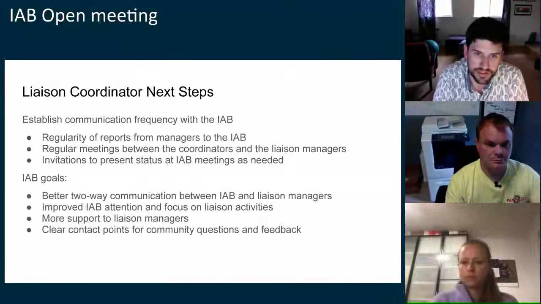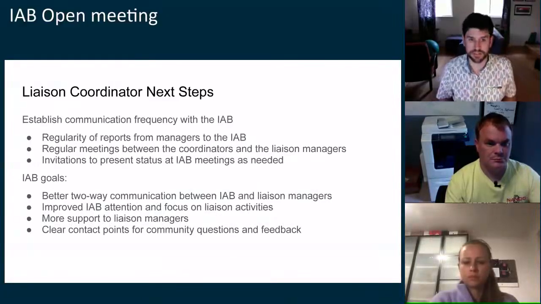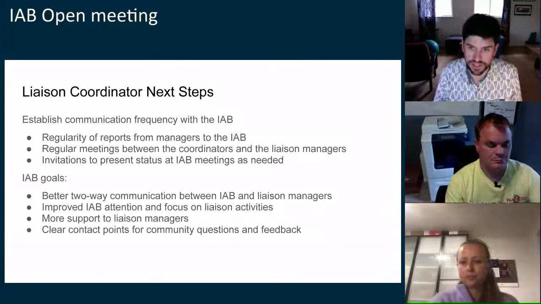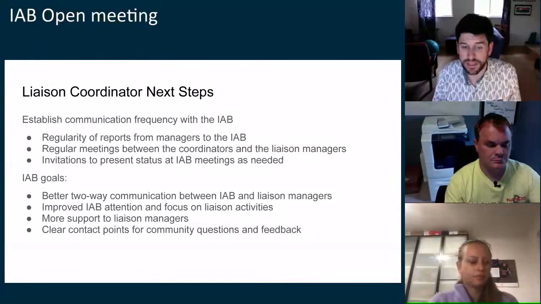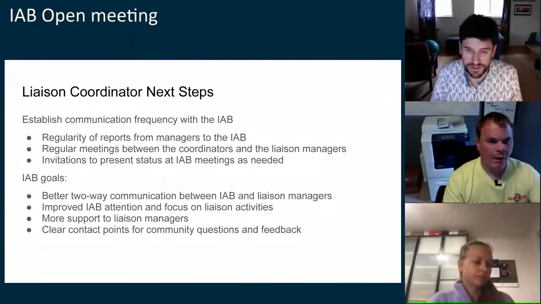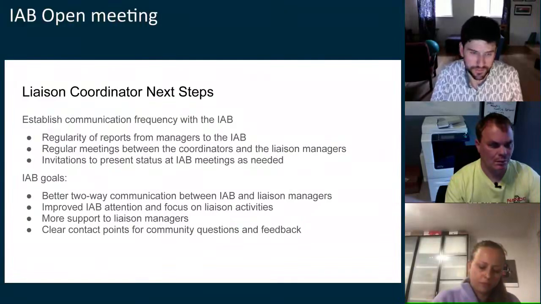So we can understand from the managers what they're working on. And we'd also like to have more regular meetings between the coordinators and the liaison managers, as well as opportunities for the liaison managers to present their status to the whole IAB at IAB meetings. This is something that hasn't happened for quite a while.